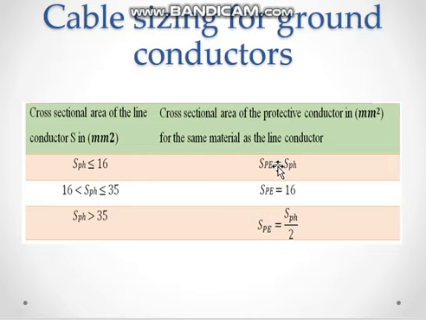For example, if you have found 6 square millimeter, you can also use 6. If you have 16 up to 35, you can use 16. Then if you have greater than 35, you can use half of that conductor.